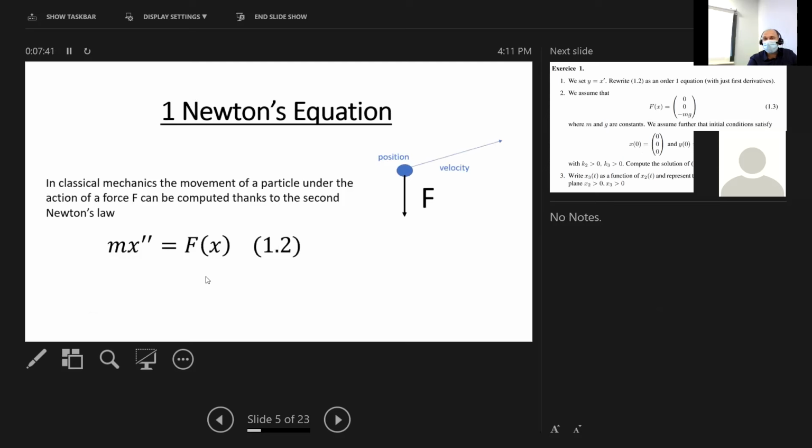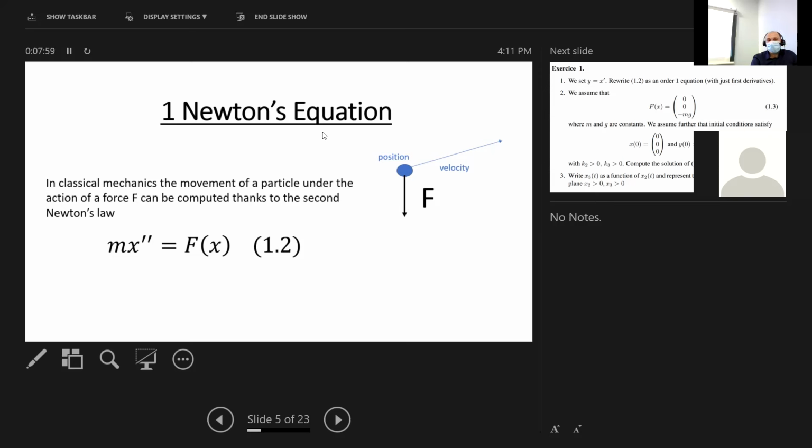Let's go to the first point. It's Newton's equation. Newton's equations are ordinary differential equations.